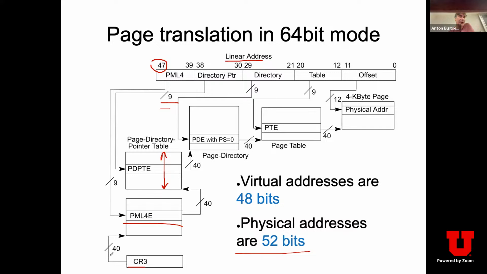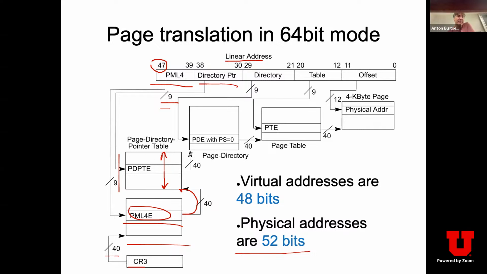CR3 contains the 40 bits of the physical address of the root of the page table, which is called PML4, right? And they couldn't come up with a better name. The top 9 bits of the address choose an entry here. The entry itself is 64 bits. It provides 40 bits of a physical page number to choose the next level. The next 10 bits of the address essentially choose the entry in one of the 512 entries in it.